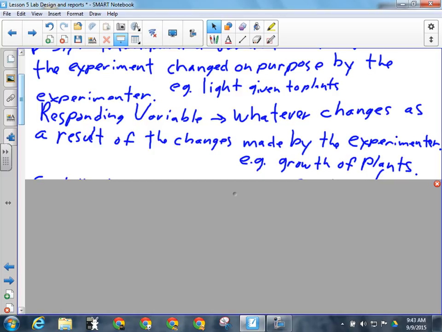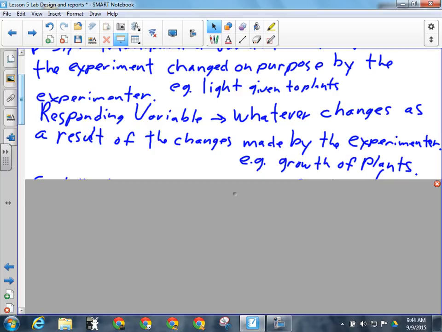Now, in a good lab report, you would probably want to specify how you're measuring the growth of the plant. And in fact, you may measure it in more than one way. You could have a very simple method by recording the height of the plant if it's a plant that grows upwards. But you might also want to record the increase in its mass over time, counting the number of leaves.